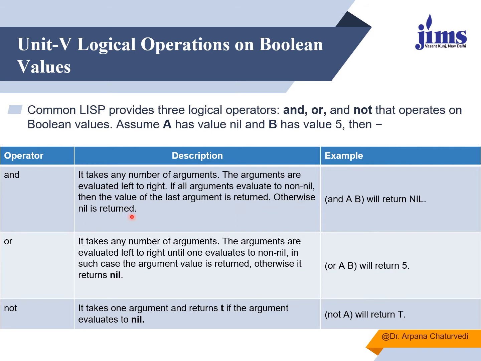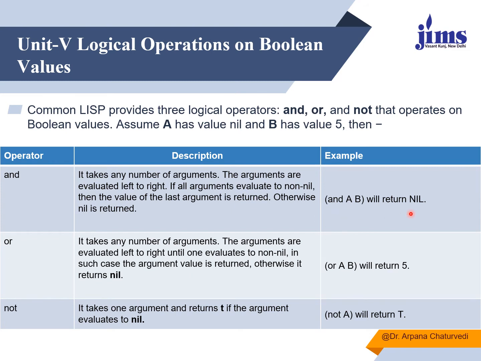Otherwise, nil is returned. Like in the case of A and B, A is holding the value nil and B is holding the value 5. So left to right, nil and 5. We are checking A and B. A is holding nil, B is holding 5.